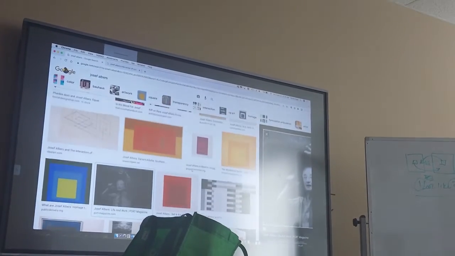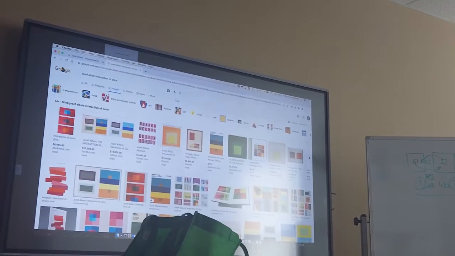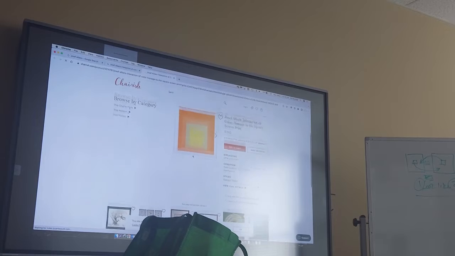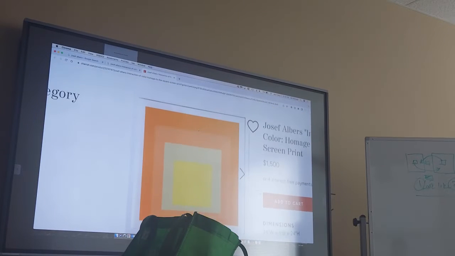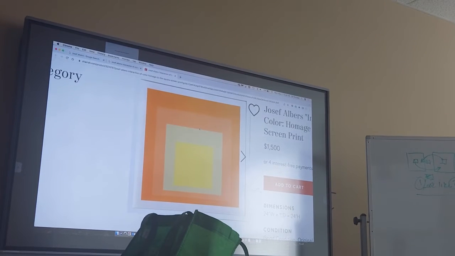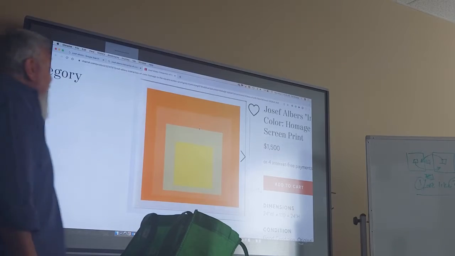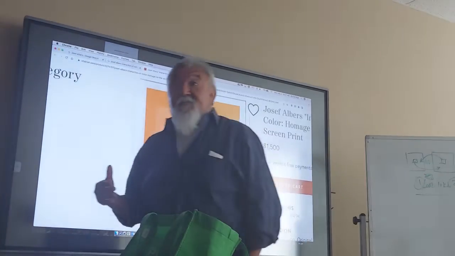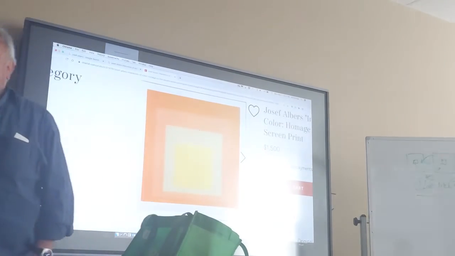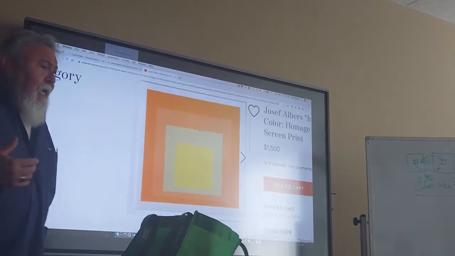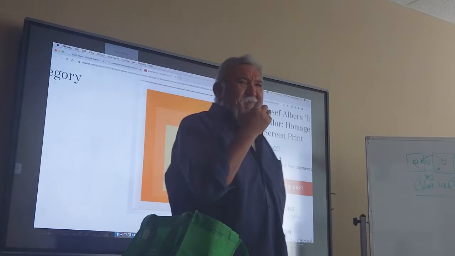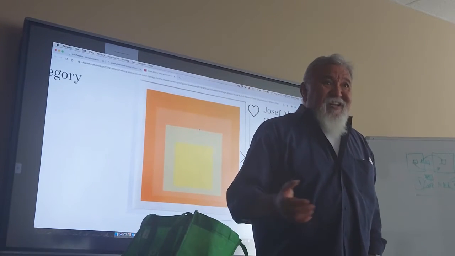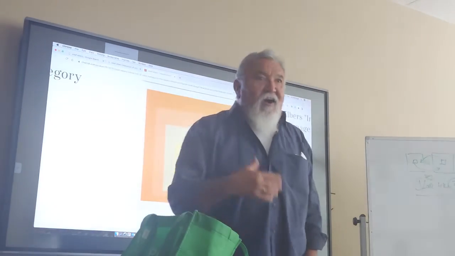Now, you might know of Albers's work because when you go to a museum, you'll see something similar to this. He is known for painting these squares on squares. And a lot of these paintings, previous to this class, if you went to a museum and saw an Albers painting, maybe at the Atlanta Museum, your immediate response might be, it's a square, anybody can paint a square on a square on a square.